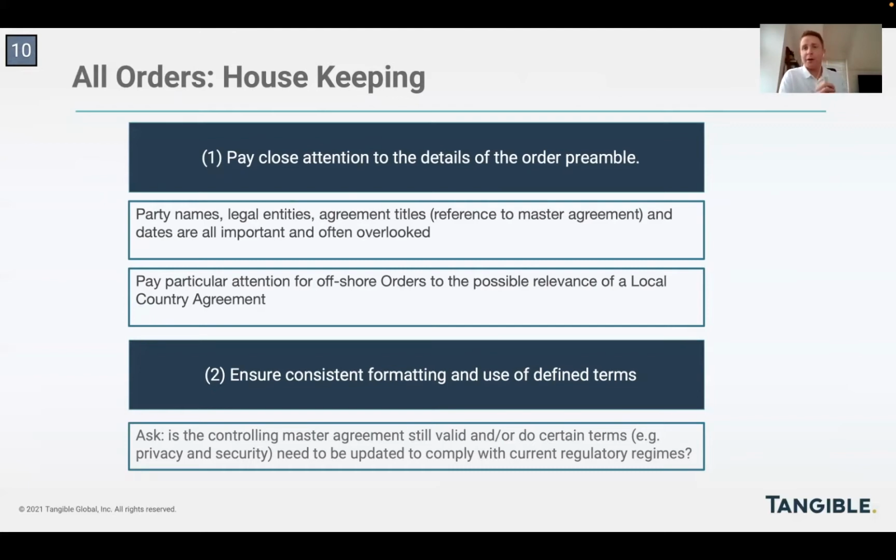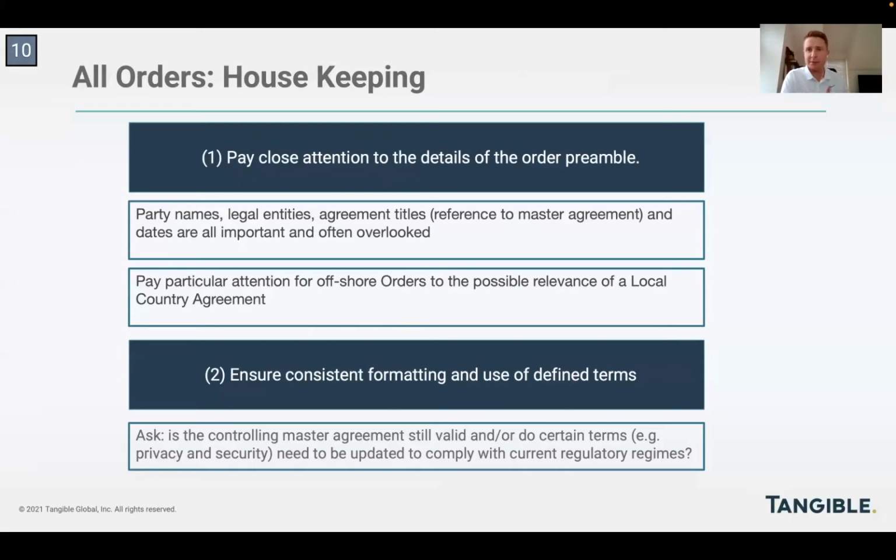An advanced element of this same concept is when a local country agreement or an LCA applies to your order form when the contracting parties are offshore entities, and that will require another additional reference in the preamble.